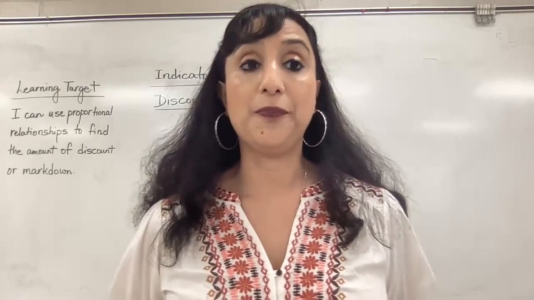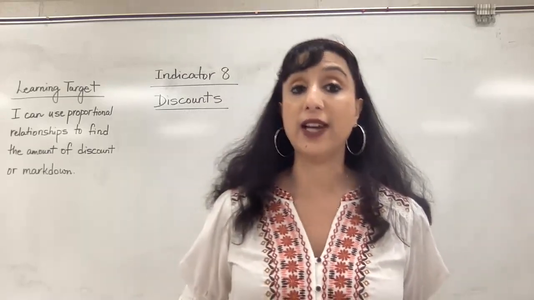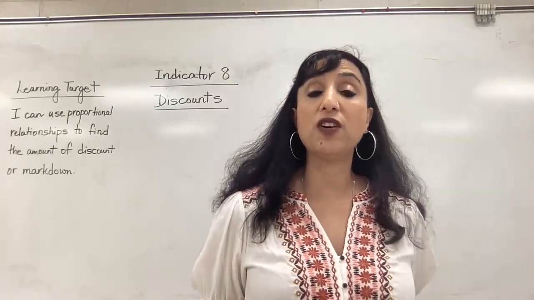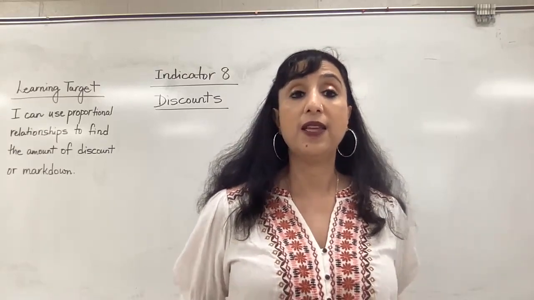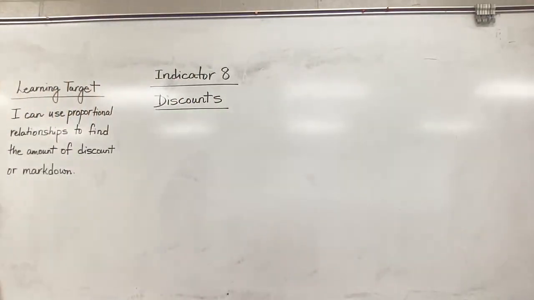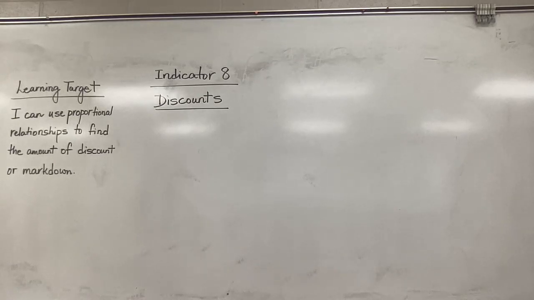Okay. So, look at our learning target. I can use proportional relationships to find the amount of discount or markdown. Okay, so the discount or markdown is the amount by which the regular price of an item is reduced. The sale price is the original price minus the discount.